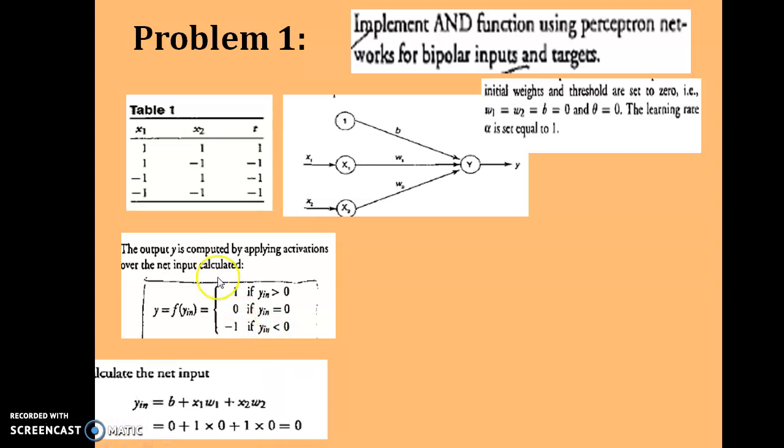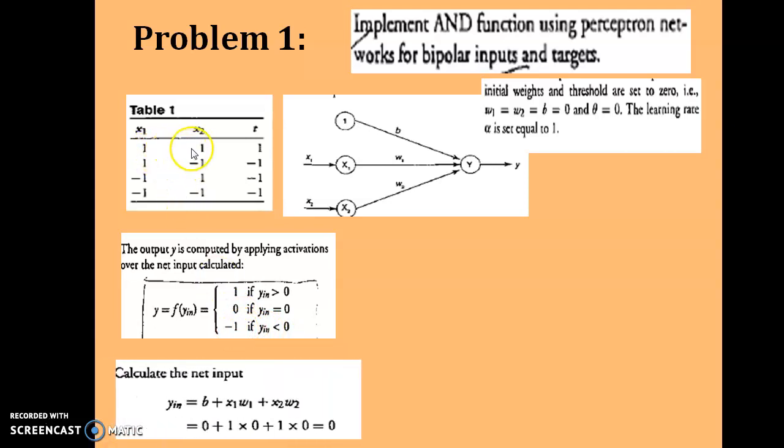We try for the first input, x1, x2 both are 1. How to calculate the net input? Yin equals b plus summation of xi into wi. We have two inputs x1 and x2, w1 and w2, so bias plus x1 w1 plus x2 w2.